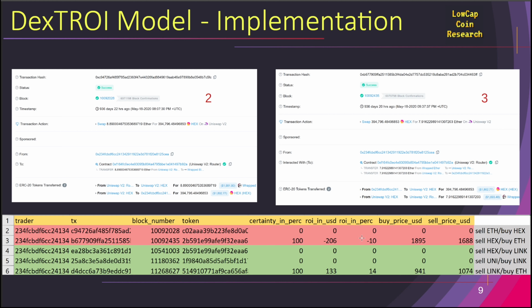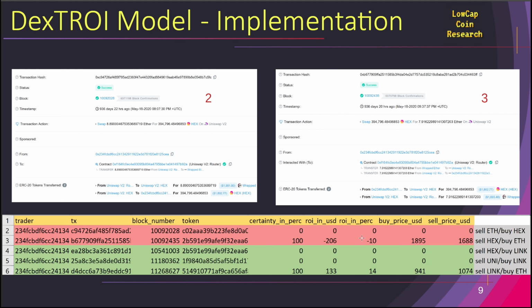Let's continue with the next row, this one, and this picture. Here the trader sold UNI tokens. And again, we don't have data for how he got the UNI token. So that is why the certainty here is 0 again.